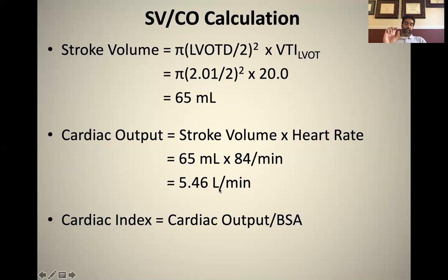And if you input the patient's height and weight in the machine under the patient information page, it will give you a cardiac index as well by dividing by body surface area. Okay. Most of the time, the number we're interested in is just the stroke volume. But if we're doing interventions and heart rate changes, then we want to use cardiac output to account for changes in heart rate. Okay. And sometimes, yes, knowing the cardiac index is helpful for us.